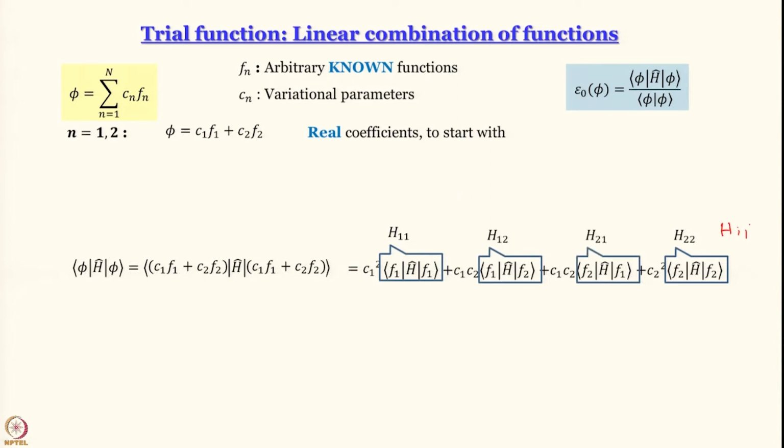Okay. Before I forget, let me remind you that these are actually matrix elements. If you write an H matrix with these integrals, then H11 takes the 1,1 position, H12 takes the 1,2 position, H21 takes the 2,1 position, H22 takes the 2,2 position. Okay. So, these are matrix elements.